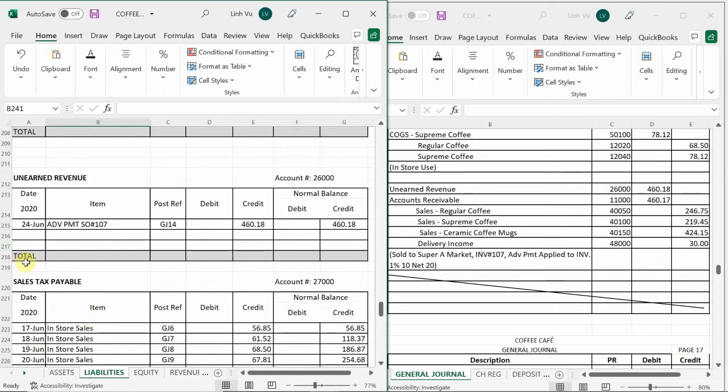Unearned revenue, advance payment. Today's the 27th, right? And in this case, I'm going to say applied advanced payment to invoice number 107.